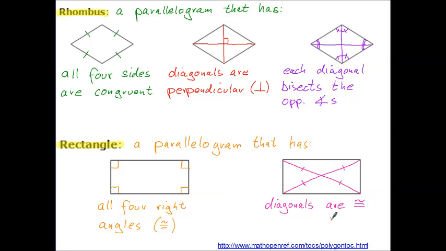So all four halves of the diagonals are congruent, and the two full diagonals are congruent as well. So do remember the difference between rhombuses and rectangles. In a rhombus, all four sides are congruent. In a rectangle, all four angles are congruent.